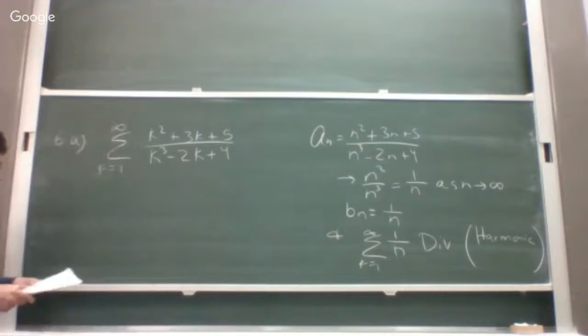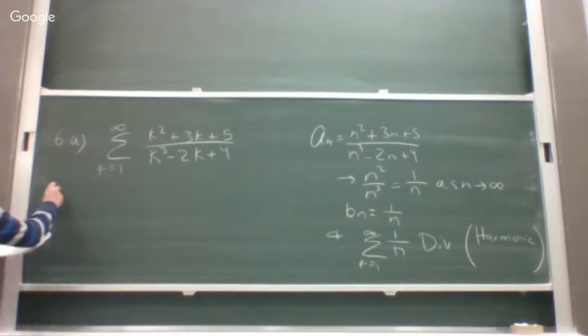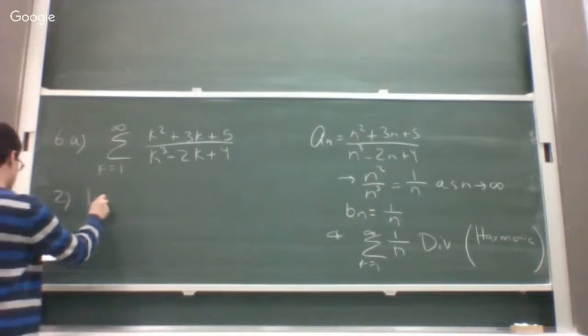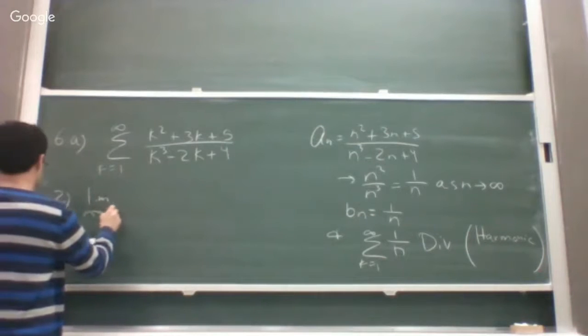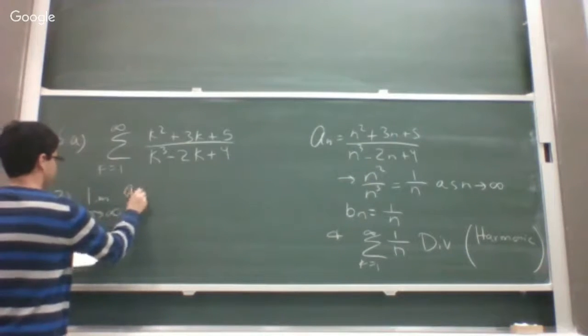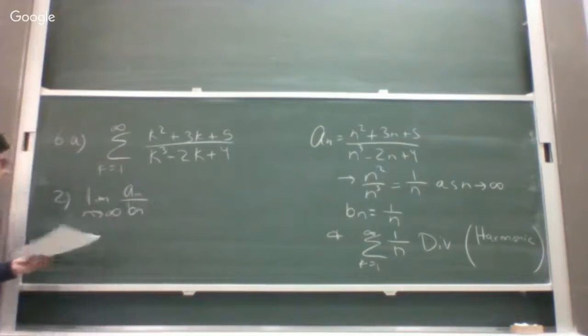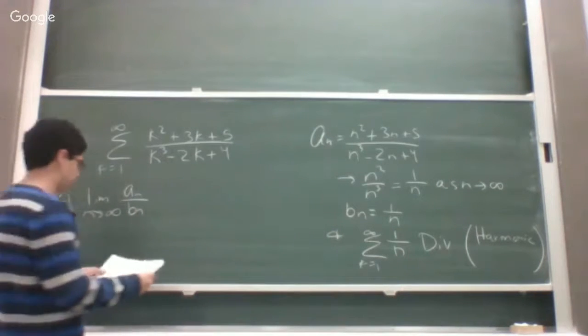Now we need to compare it with b sub n by doing the limit as n approaches infinity of a sub n over b sub n. This tells us whether they follow the same pattern or not, like whether they grow at the same speed.